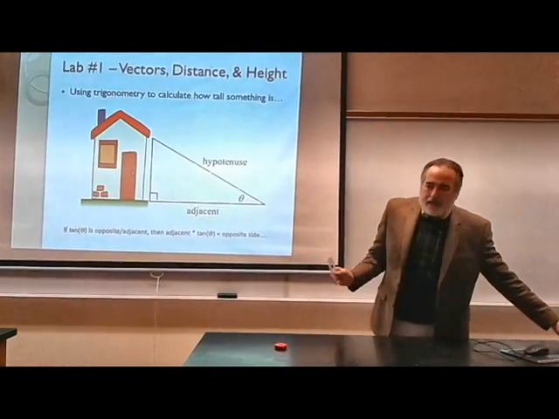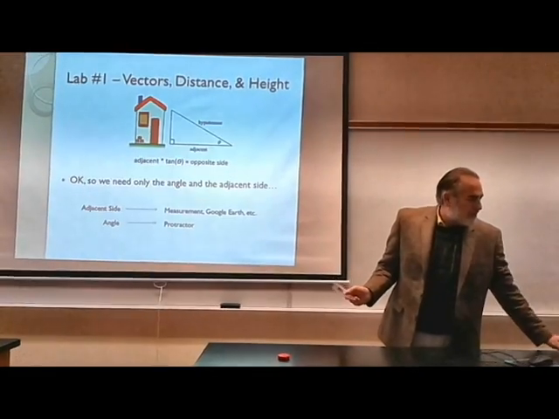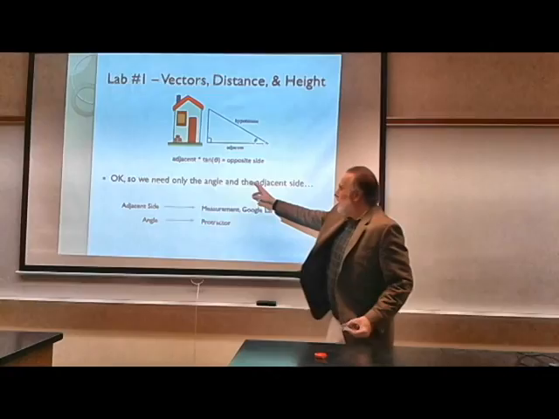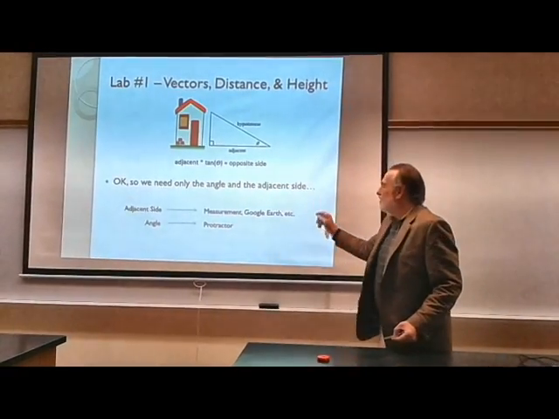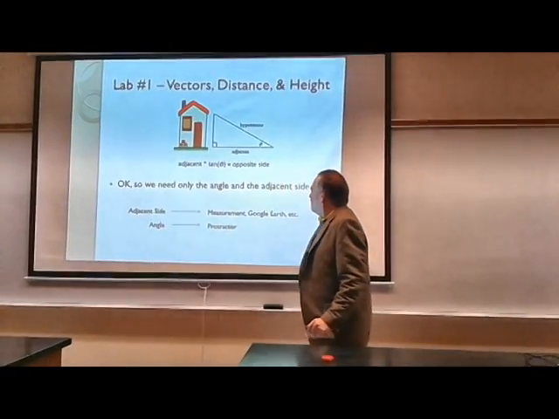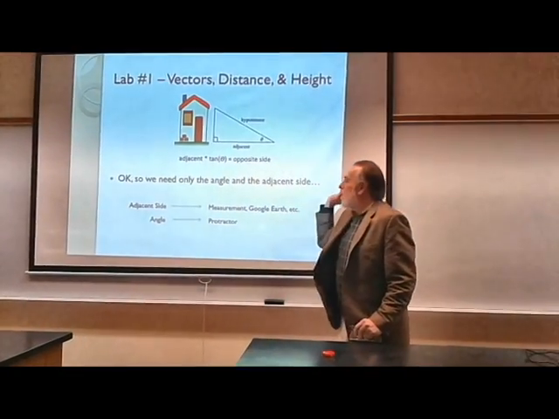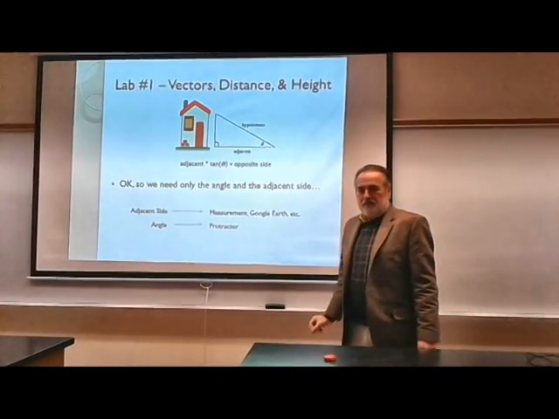So I can measure the height of anything if I only know, and all I need to know is the angle and the adjacent side, how far away I am from something.